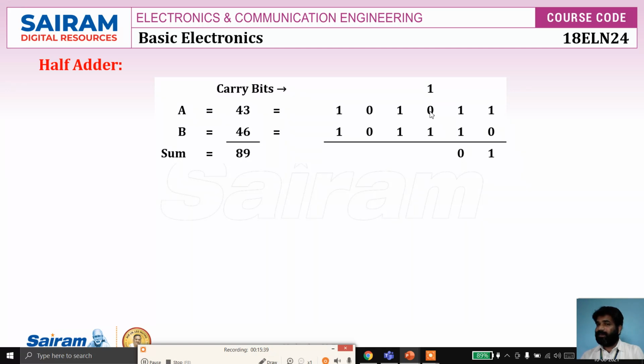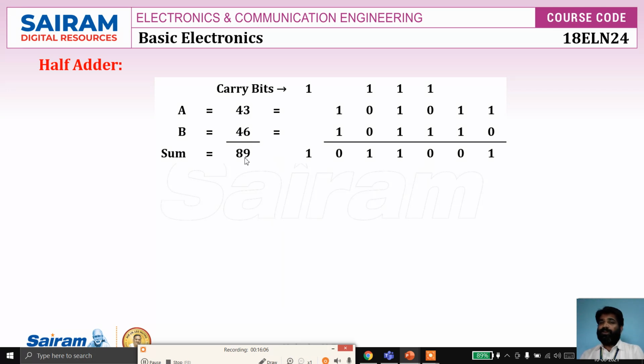That should be added here. Now again 1 plus 1 is 0, carry 1. When you add the first 2 bits, carry will be generated. 1 plus 1 is 0, carry 1. Correct? And 0 plus 1 is 1. Similarly, here it is 1, and here 1 plus 1 is 0, carry 1. That carry is considered as the most significant bit, then it is 89.